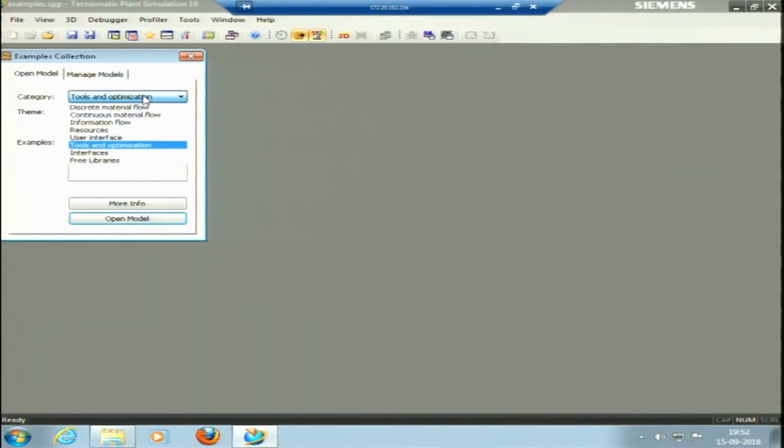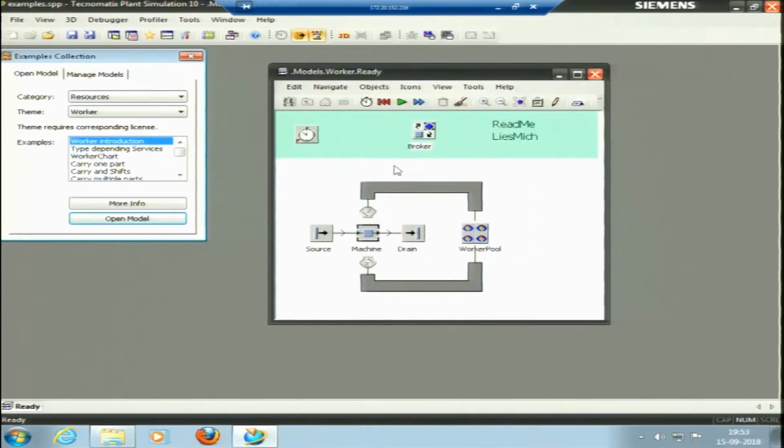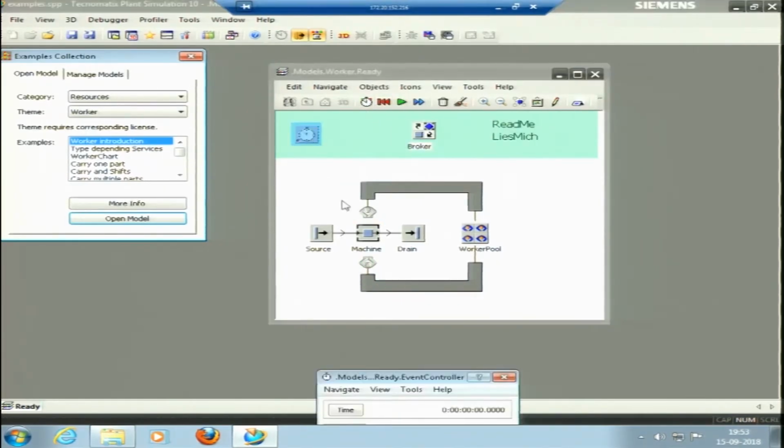Okay, then in resources I can see broker and animation. So shift calendar, worker. I will show you the worker introduction model. In this case you can see the workers are introduced into the machine, and if we run this, let me make it a little slower.